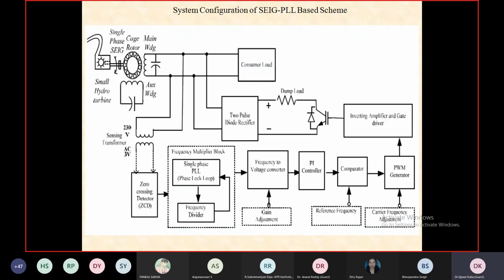Because we have taken the system frequency as a feedback variable, the concept was very simple, but just by varying the feedback variable you may create a novelty. But for novelty we have to do the literature review, seriously, then you can find the novelty in your system.